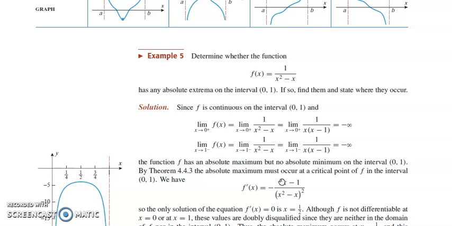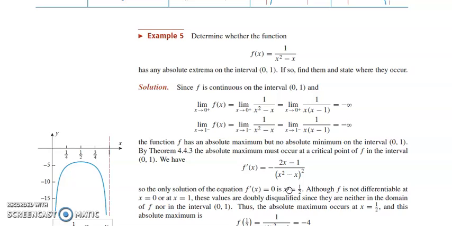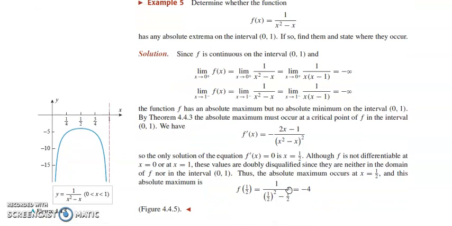So f dash of x equal to 0 gives x equal to 1 by 2. So therefore the absolute maximum occurs at x equal to 1 by 2. So that is the absolute maximum, and the absolute maximum value is minus 4.